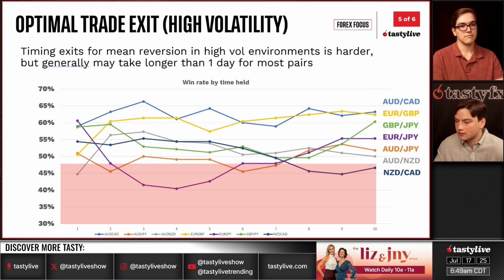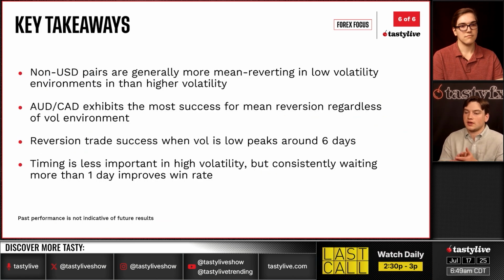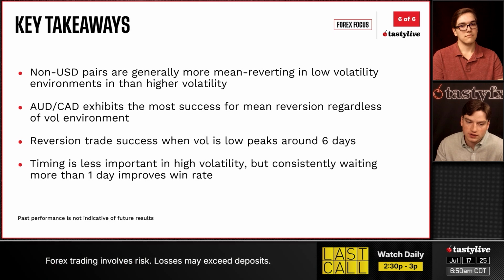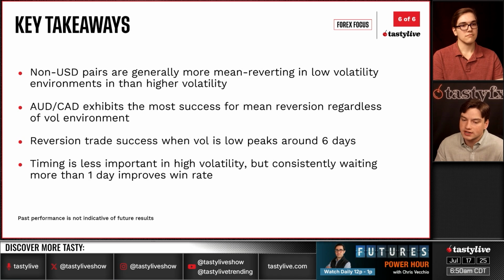So not a ton of takeaways from these charts themselves, but a bunch of key takeaways that I hadn't known prior to this study: non-US dollar pairs are generally more mean reverting in low volatility environments. We saw that in 5 of the 7 pairs, with greater than 50% win rates in a lot of those using this trade entry criteria.